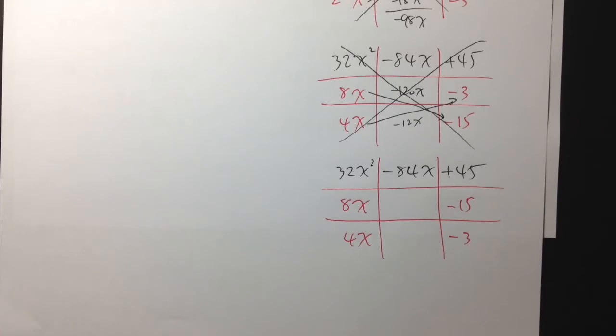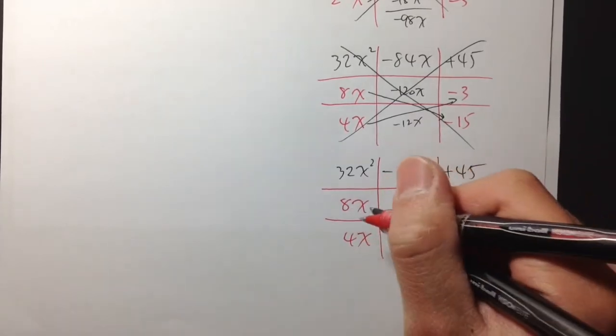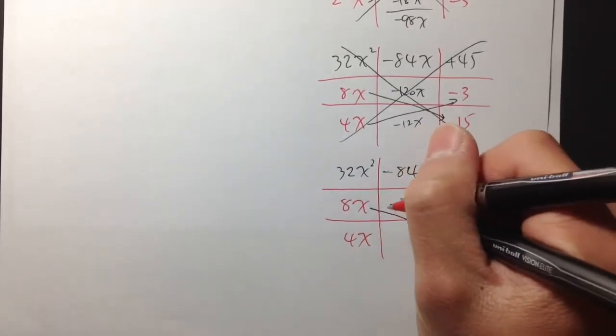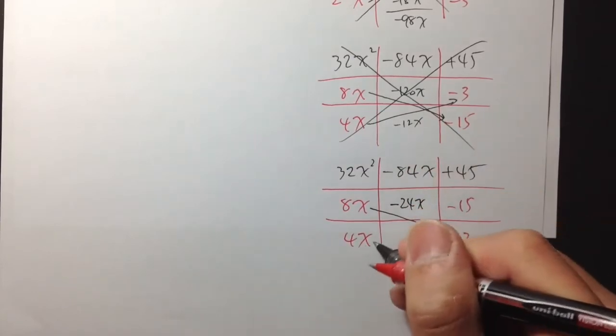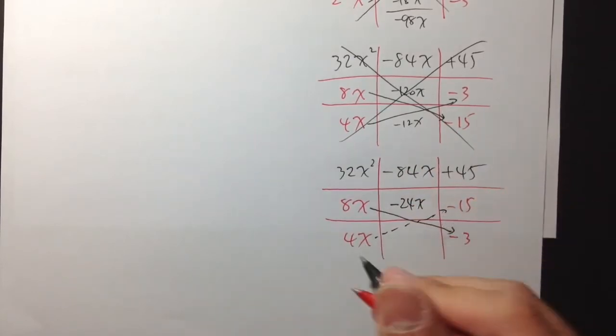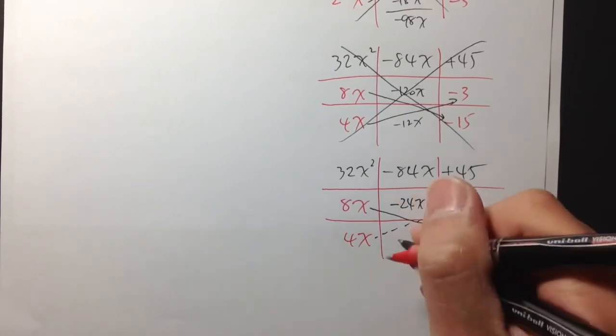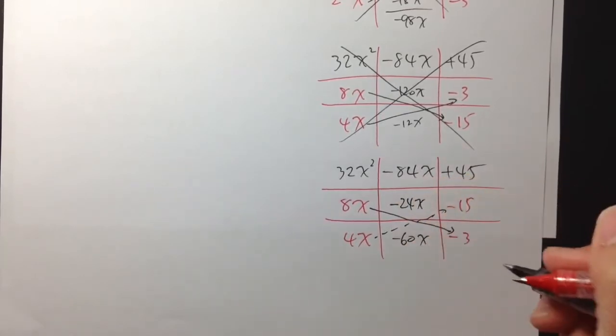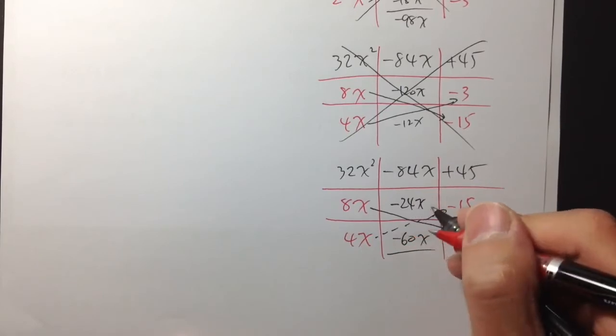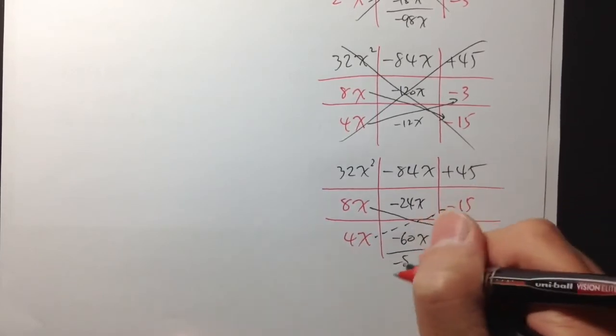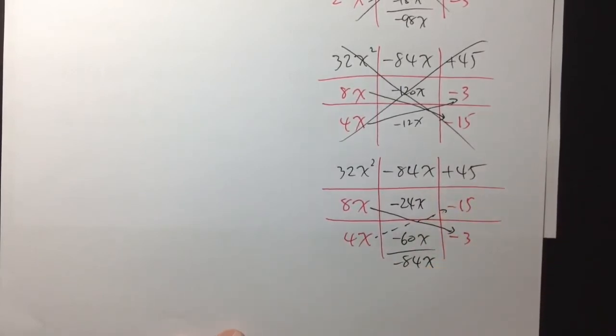In this case, 8x times negative 3 is negative 24x, and then 4x times negative 15 is negative 60x. Oh, okay, so negative 24x minus 60x is exactly negative 84x, and that's what we want in the middle. Okay?